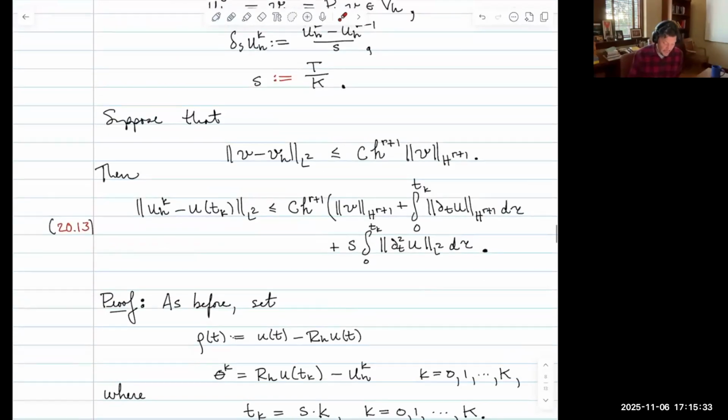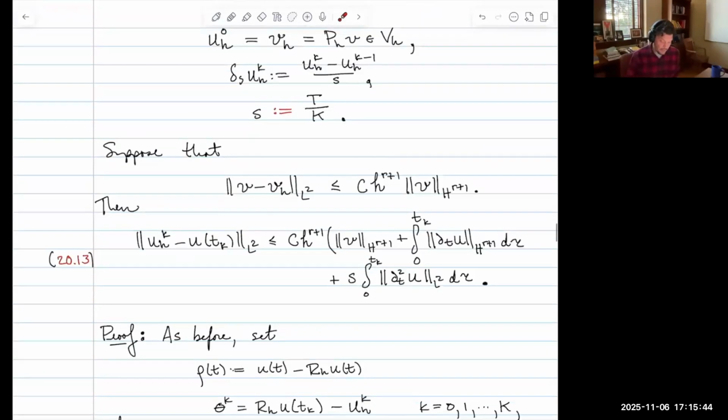So I can only measure the error in the L2 norm at those punctuated time slots, t_k.